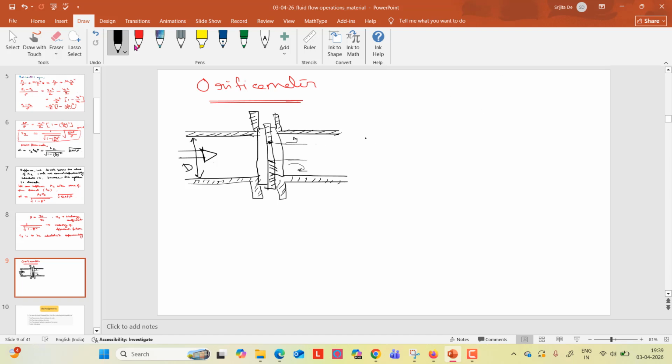So there are two types of this vena contracta portion you can draw. Suppose the constriction is in this direction, right? So fluid will be passing like this. Okay, and there is another one when it is diverging, right?